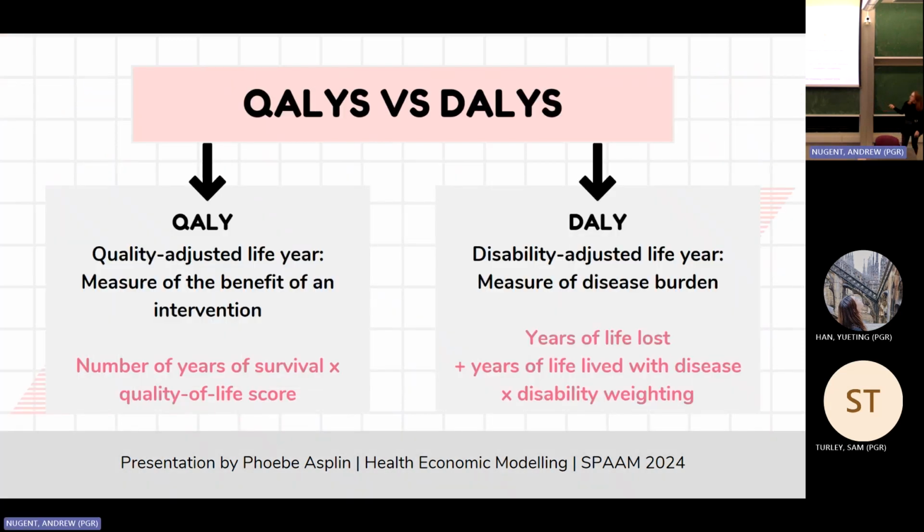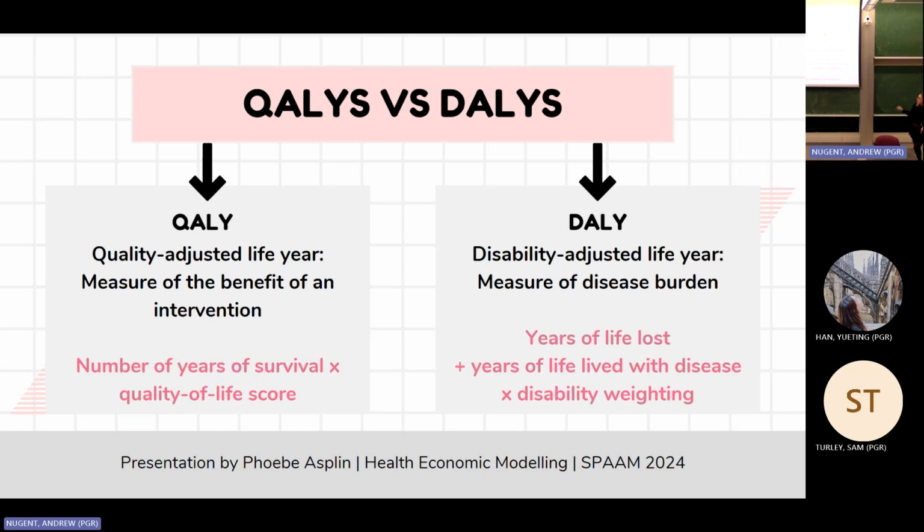A quick side note to talk about QALYs versus DALYs. So obviously, this is what I've just introduced: number of years of survival times the quality of life score. But you also hear a lot of people talking about DALYs, so disability adjusted life years. Instead of being a measure of the benefit of an intervention, this is a measure of the burden of the disease on the population.